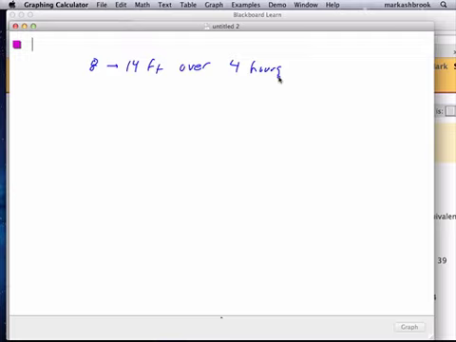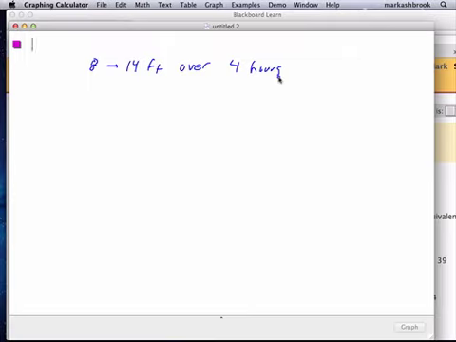So exponential growth, exponential functions, is all about what? It's all about repeated multiplication, and then repeated multiplication of the growth factor. So if it goes from 8 to 14 feet over 4 hours, we want to start with the easiest growth factor we can find, which would be what?